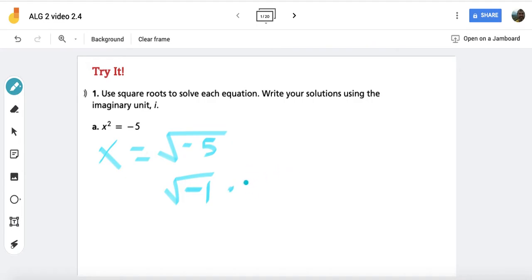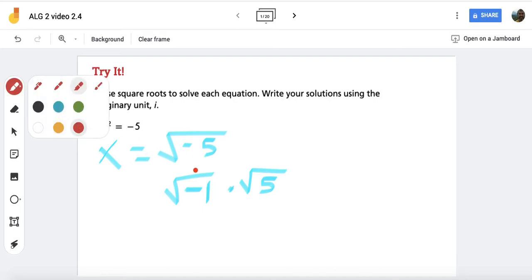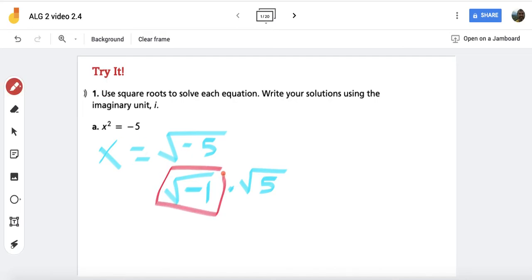Now the square root of 5 doesn't break down, but this becomes i. And I forgot we need to account for negative and positive. So the answer is x equals positive or negative i times the square root of 5.